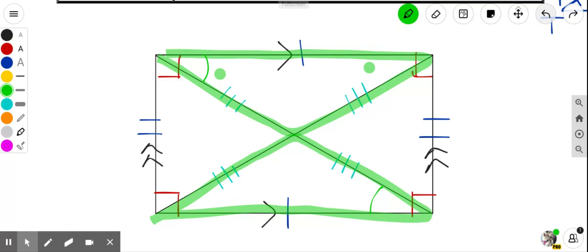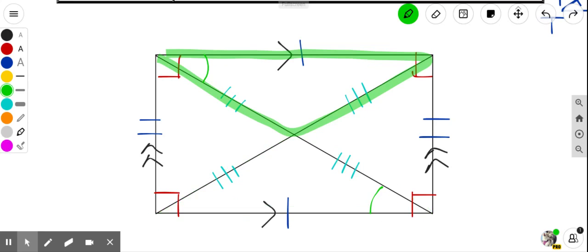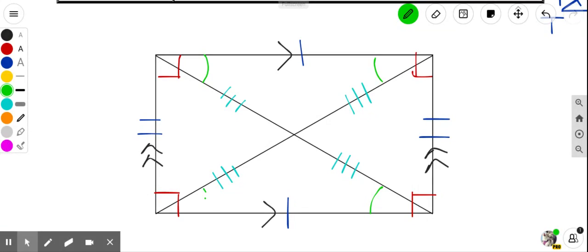So what that means, let me erase some of this, is not only are those alternate interior angles congruent, but they're the same as these two as well. So all 4 of those angles are the same.